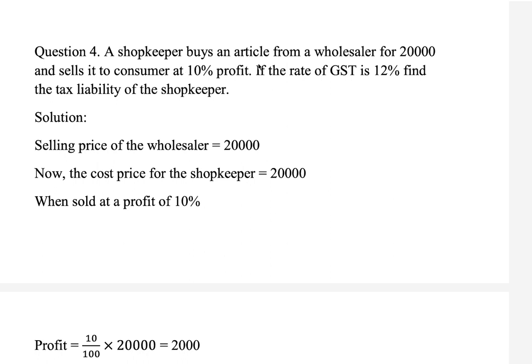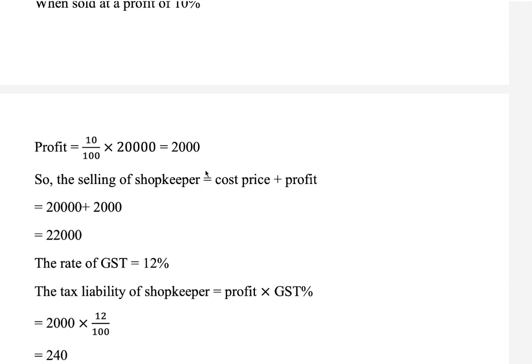A shopkeeper buys an article from a wholesaler for 20,000 and sells it to a consumer at 10% profit. If the rate of GST is 12%, find the tax liability of the shopkeeper. So what is the main price? That is the market price is the 20,000 rupees. After that 10% profit, so 2,000, 10% of 20,000.